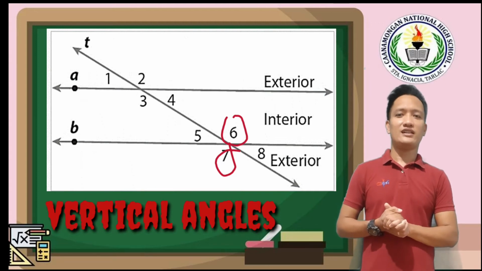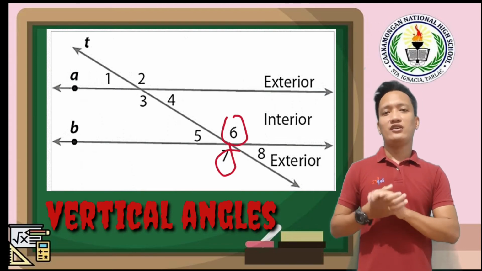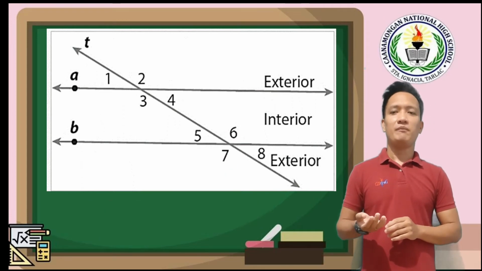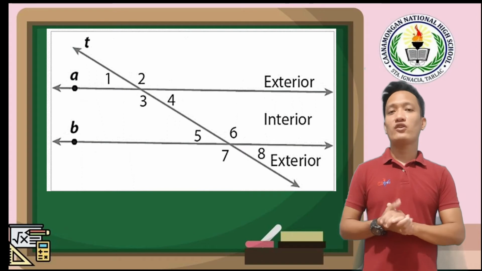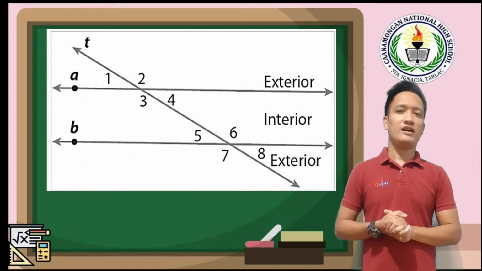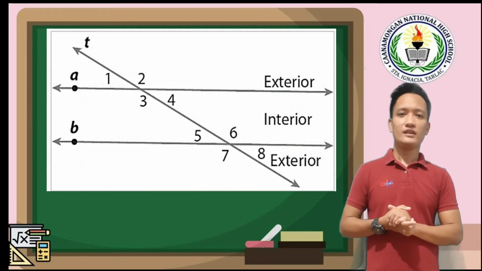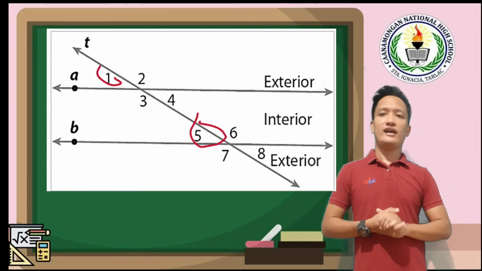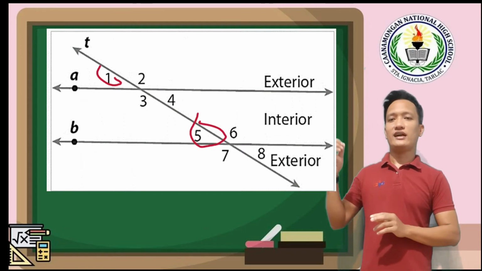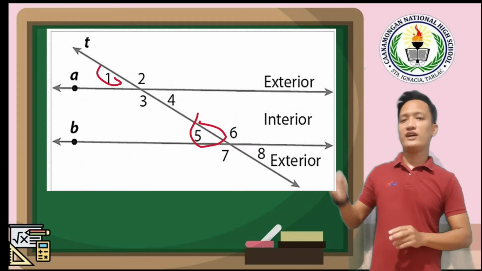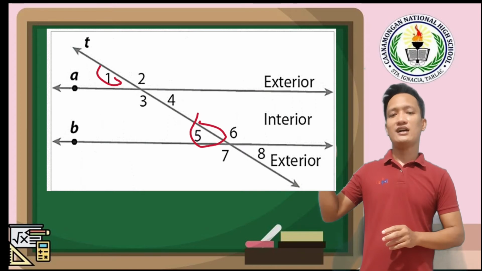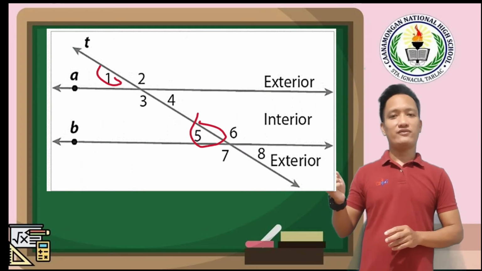Tandaan yun, vertical angle. So, we will be needing your knowledge to identify kung congruent ba or supplementary for our next lesson kasi we will be having computations. Next, so how about angle 1 and angle 5? So yung isa nasa exterior, yung isa nasa interior, angle 5.